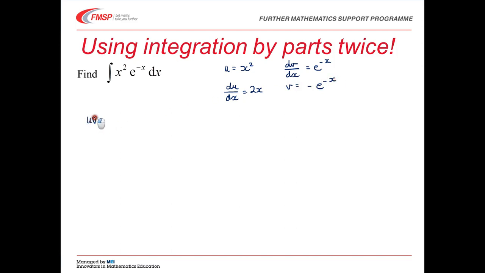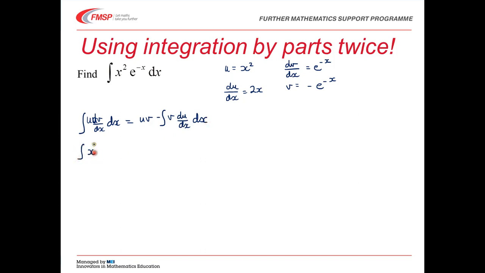So integral u dv by dx equals uv minus integral v du by dx.